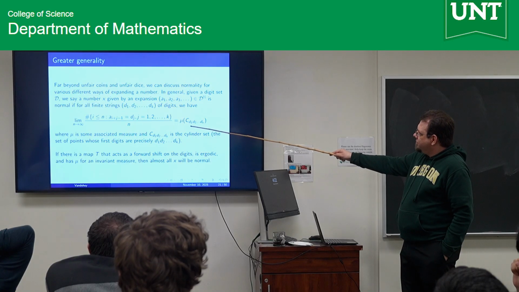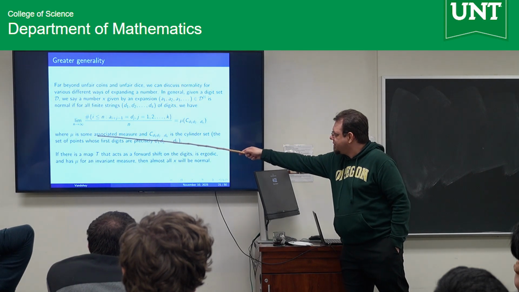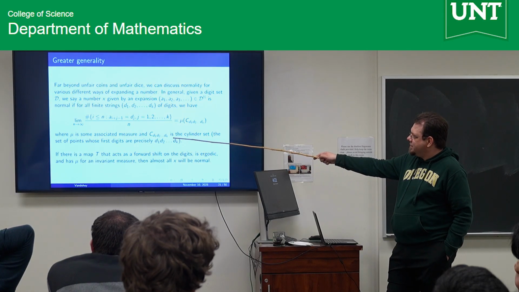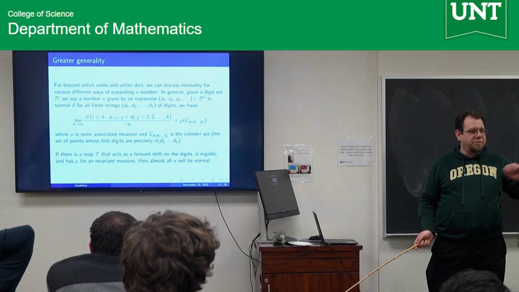It should appear with this type of frequency, where in particular mu is some associated measure, and C sub d1 up to dk is the cylinder set. It's the set of points whose first digits are precisely d1 up to dk.